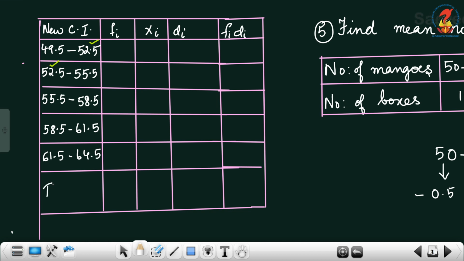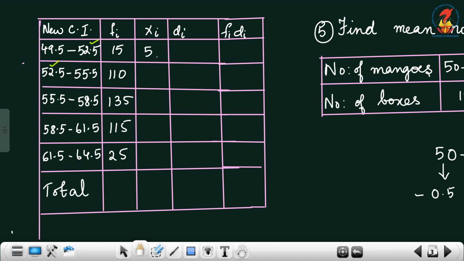So this will be the new class interval and the frequencies will be 15, 110, 135, 115, 25. Now we need to find the xi, the middle value of the class interval.